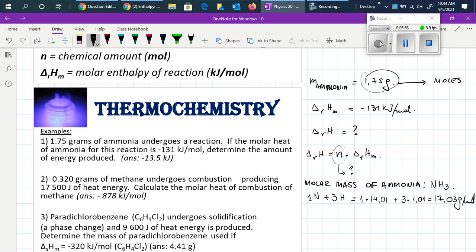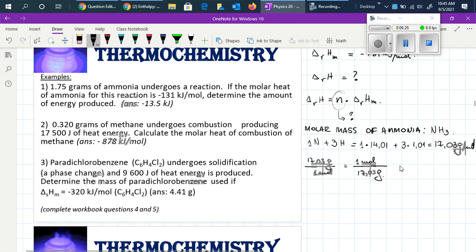What does that mean? As I have mentioned even in class, we always put a meaning into the numbers. So that means that 17.03 grams are in 1 mole of ammonia, or if you have 1 mole of ammonia, then you have 17.03 grams of ammonia.